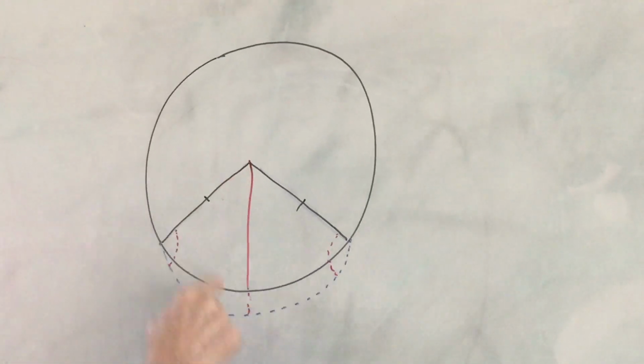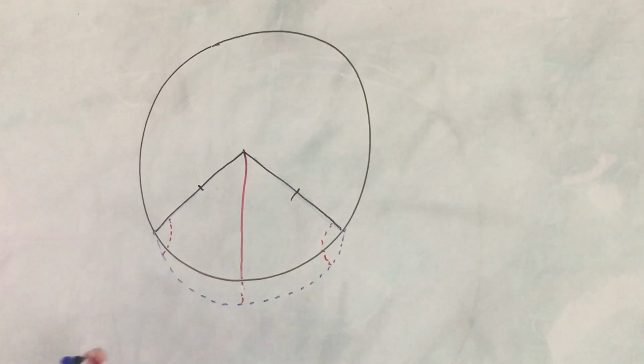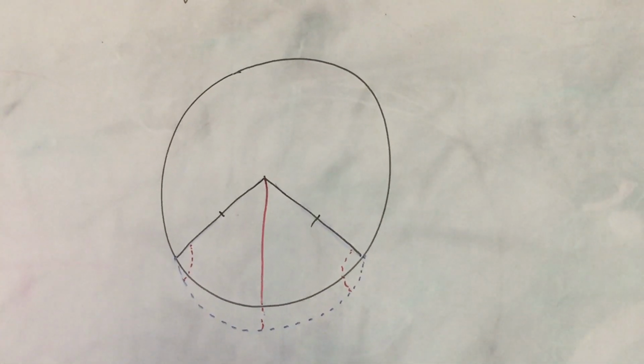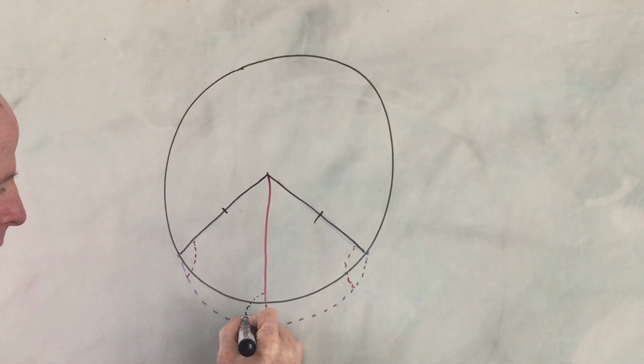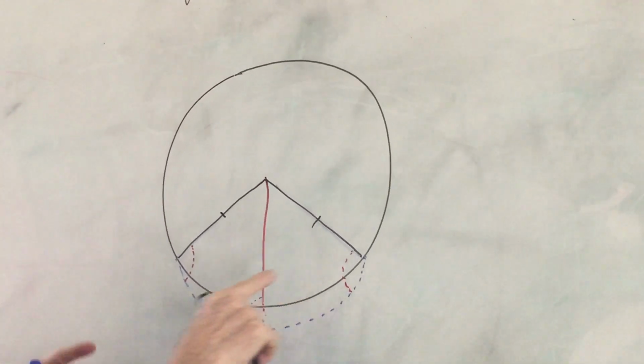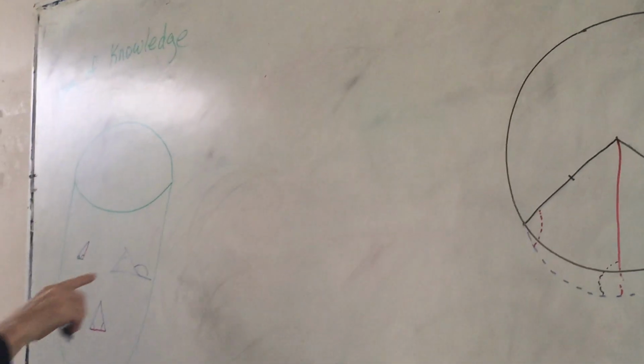Now look at this triangle. Remember, this is a straight line. What we have is an exterior angle here. Of this triangle, the base is extended, so this angle is greater than the opposite interior angle. Remember, in any triangle, the exterior angle is greater than either opposite interior.